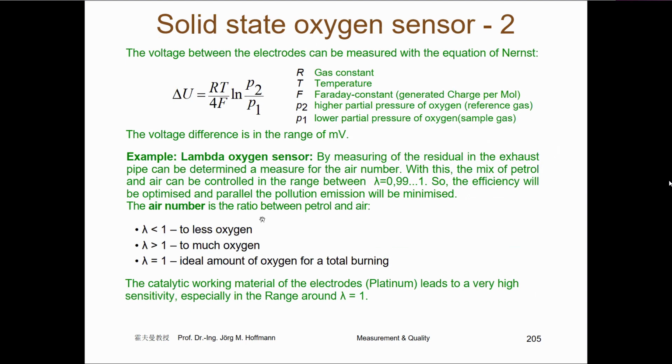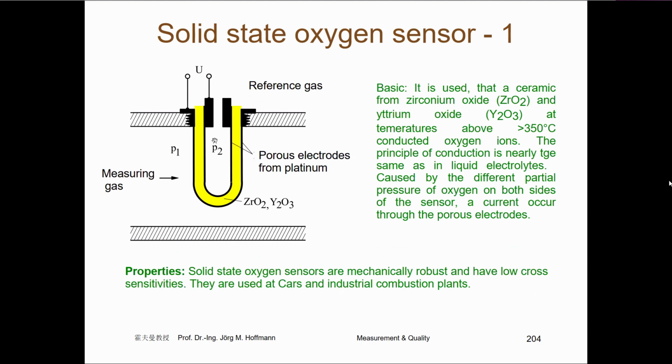This so-called lambda sensor, you may know it under the word lambda sensor. This lambda you can calculate from the voltage that you measure between the inner and the outer electrode of this material. The inner and the outer electrode is like a grid.